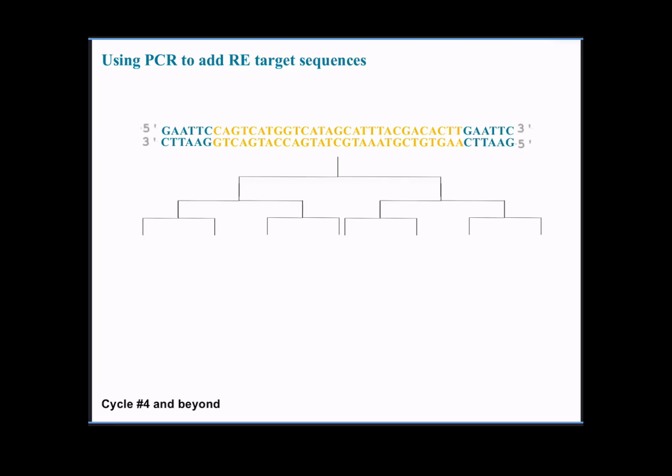That blue stuff on both ends, we introduced artificially by having those sequences be part of those primers, but starting cycle 3, Taq polymerase doesn't even know that they were not in the original DNA, thinks they were, and it will keep copying and amplifying it, and from 1 amplicon you'll get 2, from 2 you get 4, and so forth. Yeah? So after 30, 40 cycles, we'll have billions of copies of this thing with the RE sites on both ends.